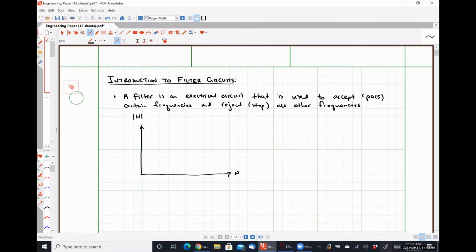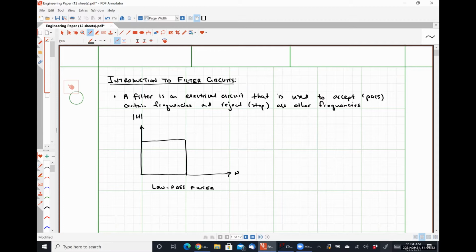It is plotted versus frequency, here listed as an angular frequency, so it's a function of omega. Our first type of filter is what is called a low pass filter. What I have drawn here is an ideal low pass filter.